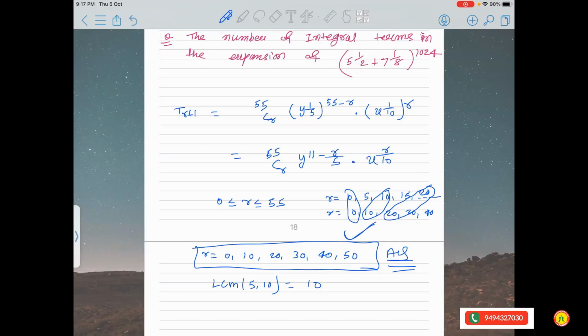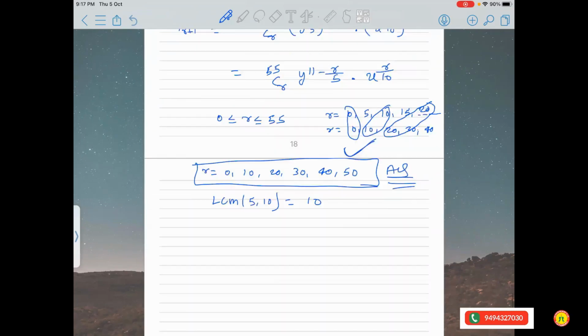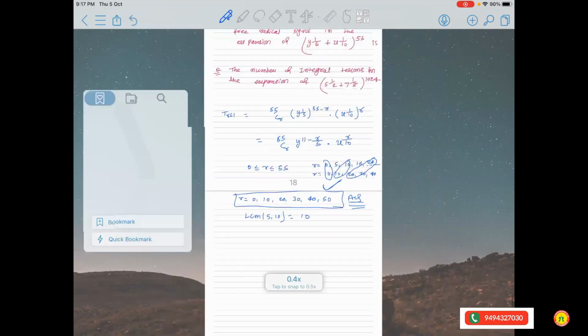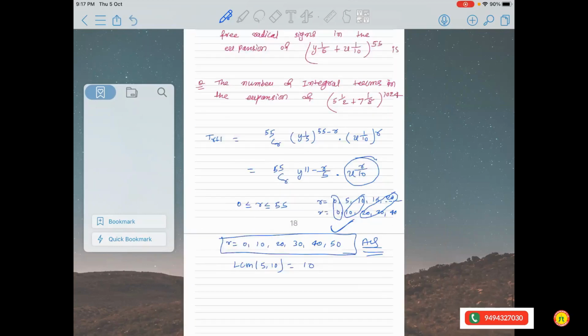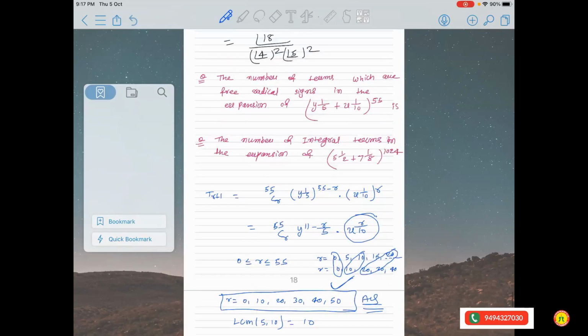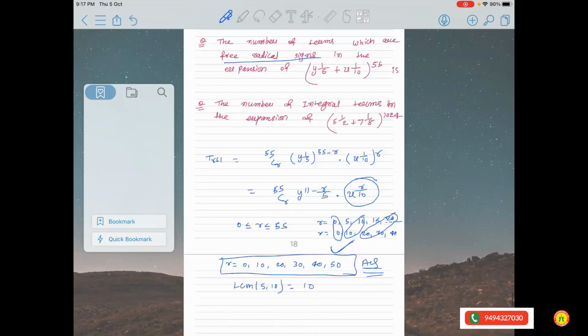If you put r equal to 5, then y power is 10, but x power is 1 by 2, so it is not free from radical. If you put r equal to 0, 10, 20, 30, it always gives free from radical sign. Got it?